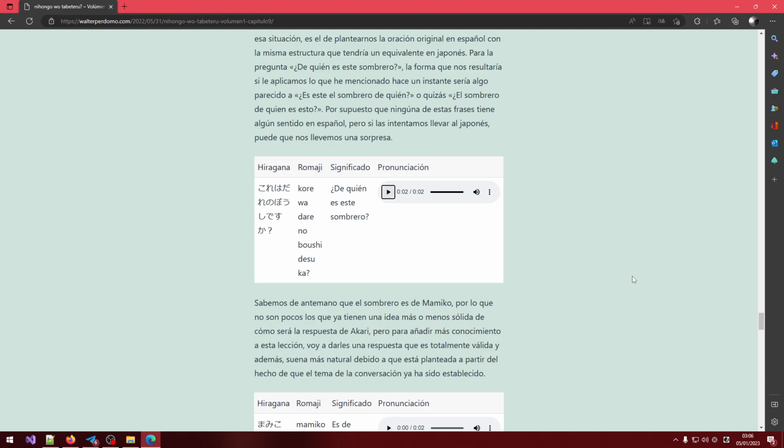The hat of whose? I understand it does not make sense in English, but 誰のですか? 誰の帽子ですか?